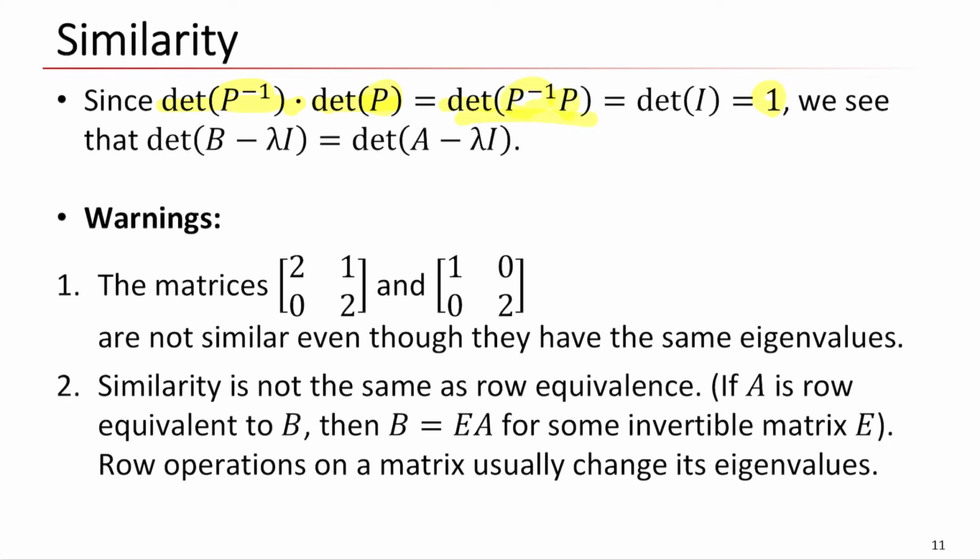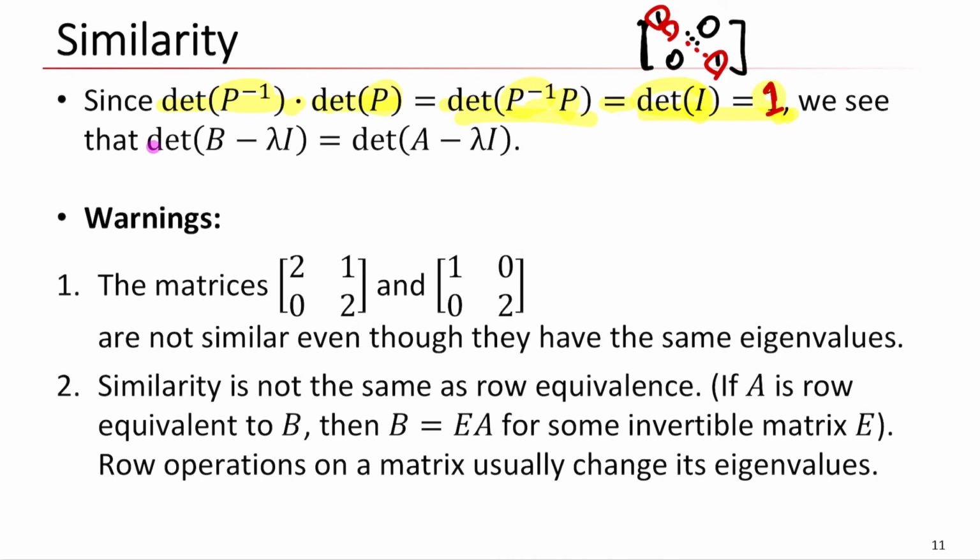The determinant of P inverse P is the determinant of I, which is 1, because I only has 1s on the diagonal and zeros off the diagonal, so the determinant is the multiplication of the diagonal entries, which is just 1.